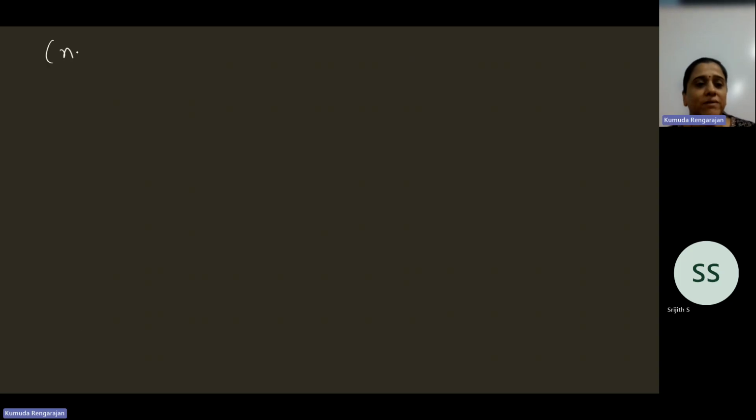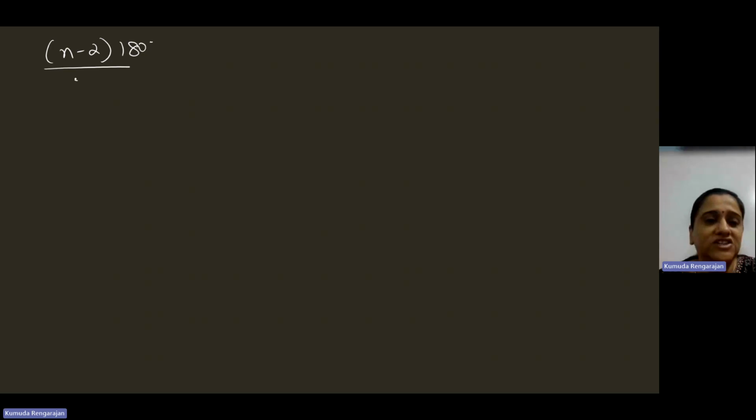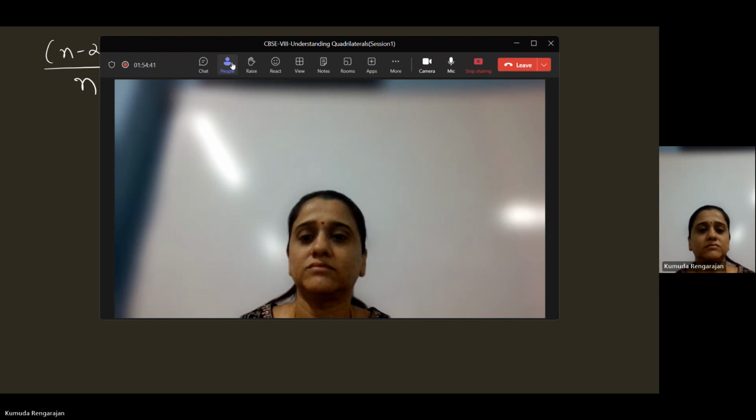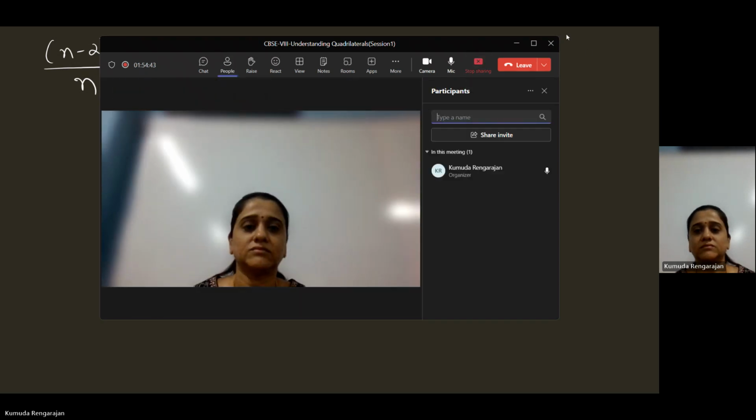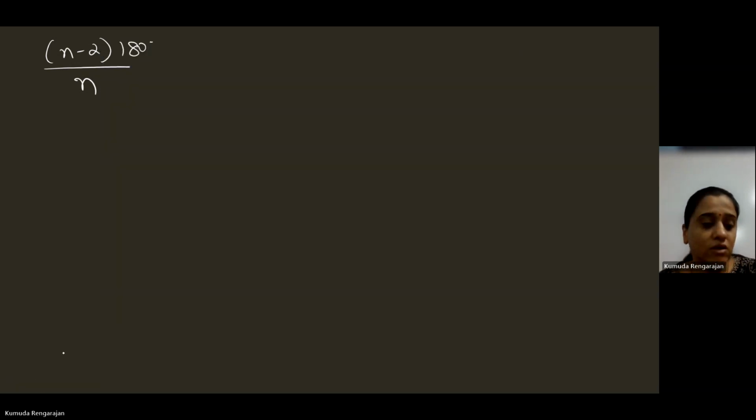So n minus 2 into 180 is the formula that gives us the sum of all the interior angles of a polygon. If it's a regular polygon, each interior angle will be n minus 2 into 180 by n.